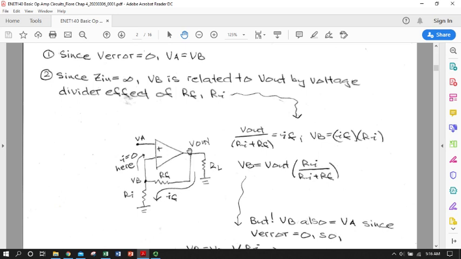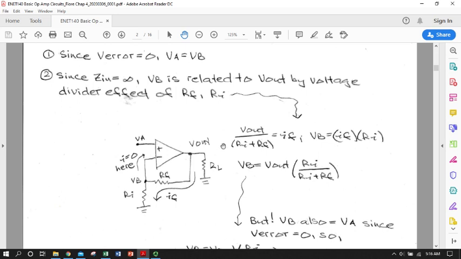I can define it as V out minus the voltage at ground, which is 0, divided by the resistance of the path to ground, which is, oh hey, this is just a series resistor path, RF plus RI.